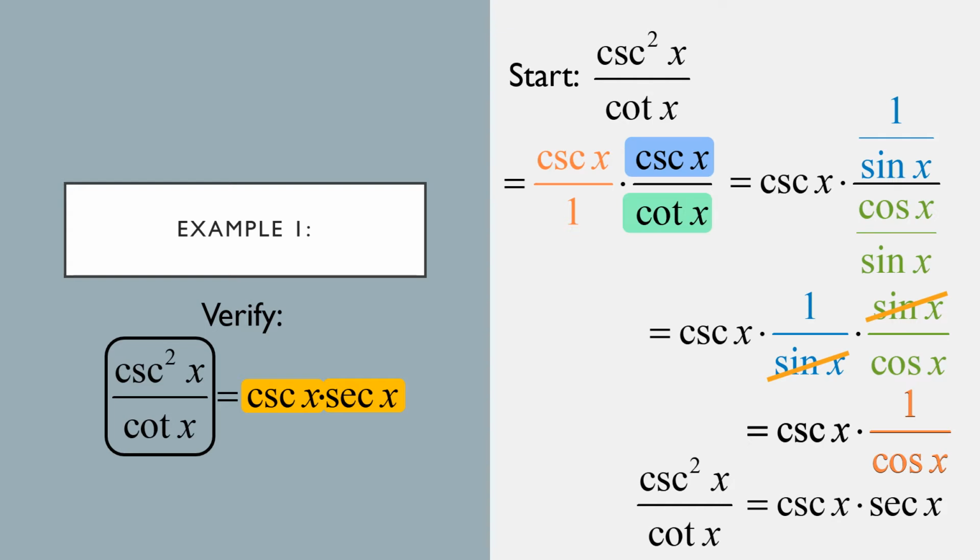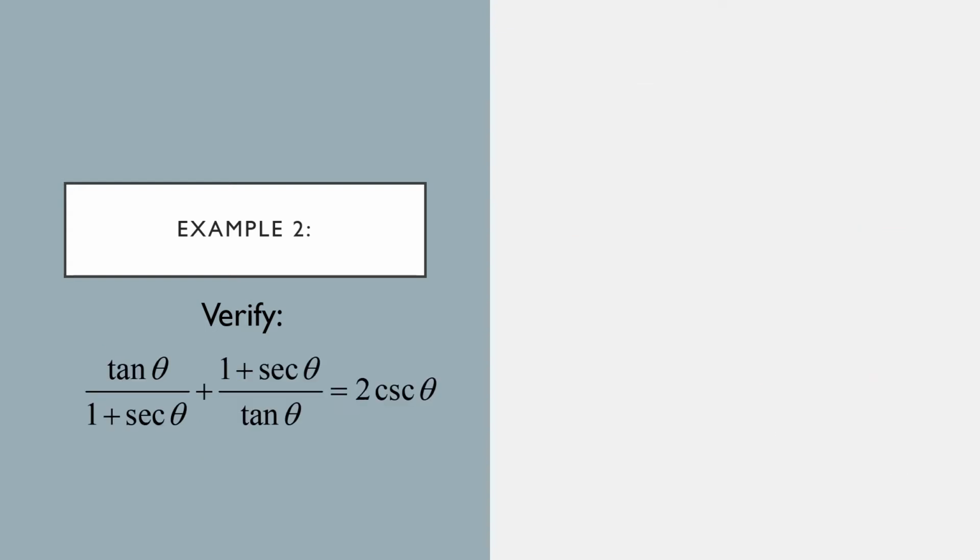Let's look at example 2. Definitely, the left side of this identity has a lot more for me to work with, so that's where I'm going to start. And I'm writing small this time because this one has a lot of steps. The first fraction has a denominator that wants to be a Pythagorean identity, but it's not because the secant is not squared.